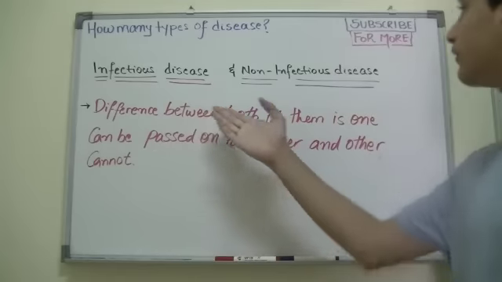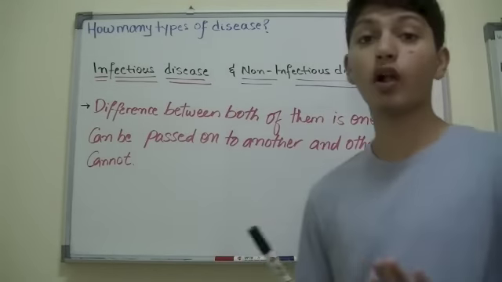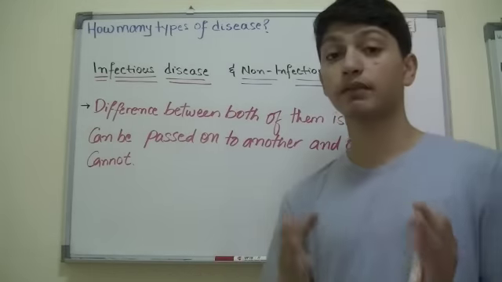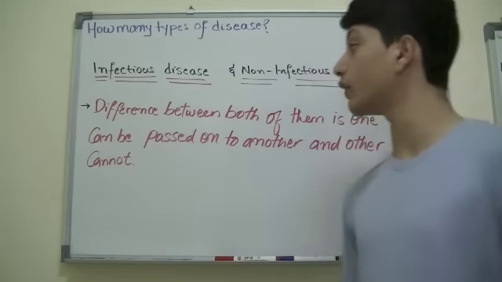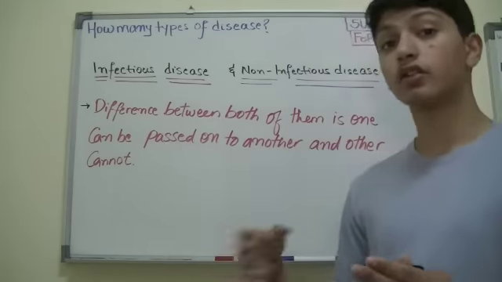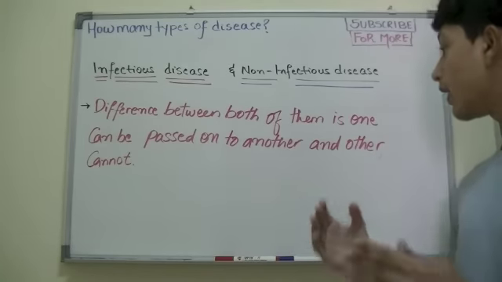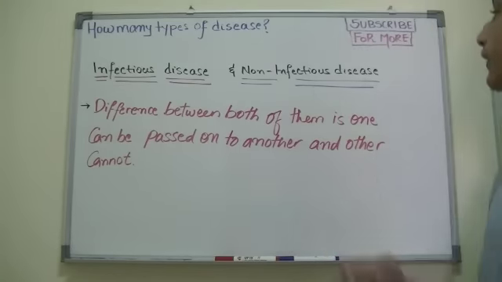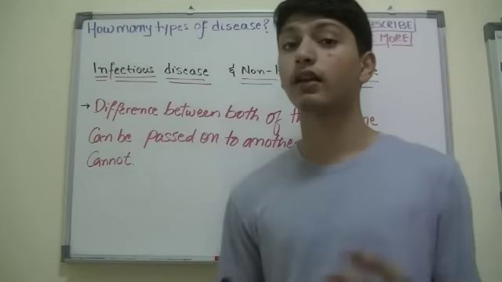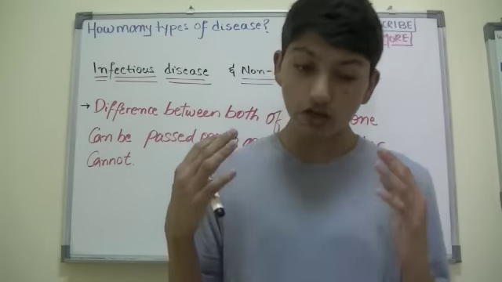So what is the difference between infectious disease and non-infectious disease? We already know that infectious disease can be passed on from one person to another. So the difference between them is that one can be passed on to another person and the other cannot. Non-infectious disease is a type of disease that only you have.